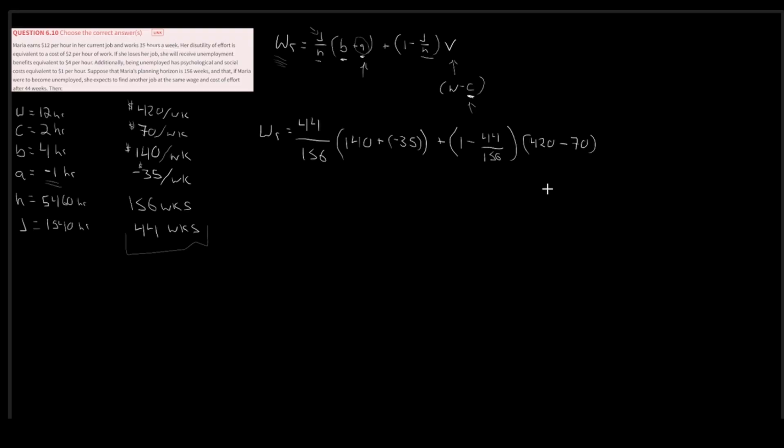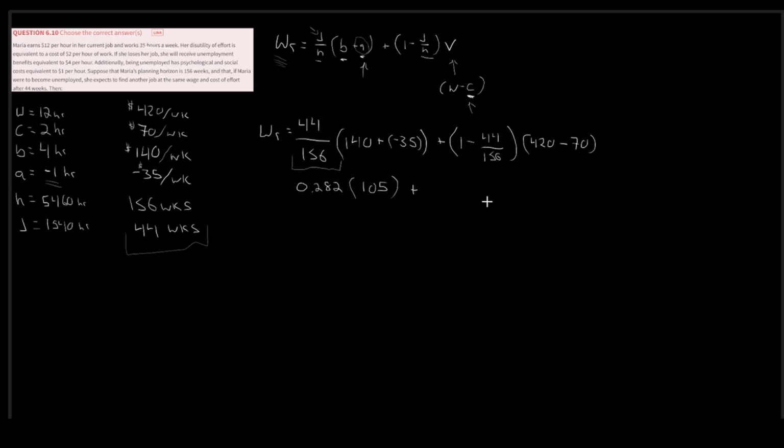Great. Let's go work that through. What is the proportion of time that I would expect to be unemployed? That is about 0.282. So about 28% of my horizon I could expect to be unemployed if I walked away from my job. 140 plus negative 35. So for 28.2% of the time, I would expect to be earning $105 a week.